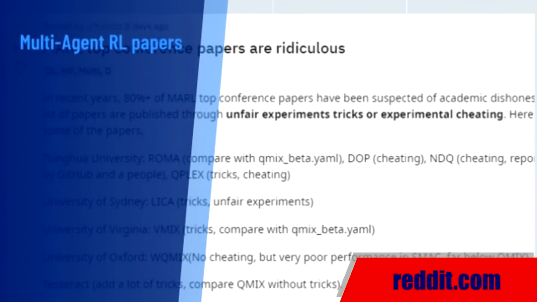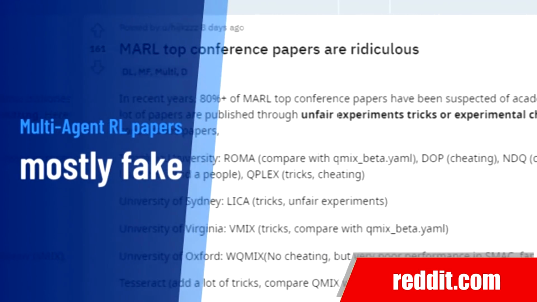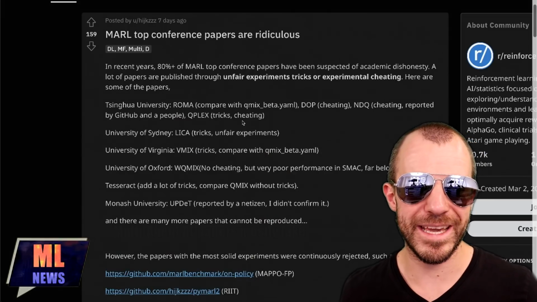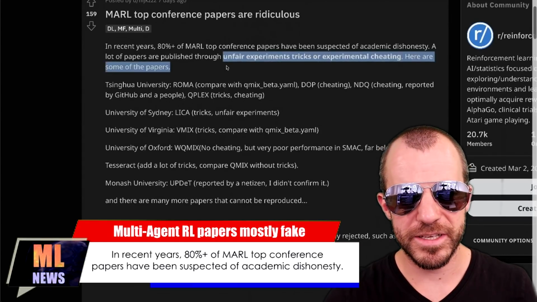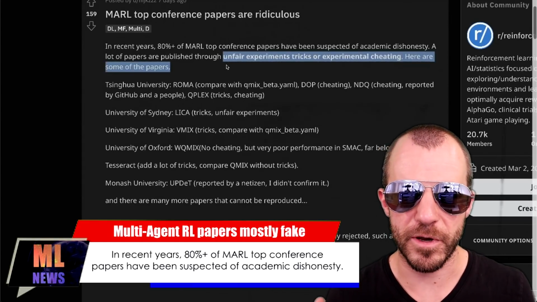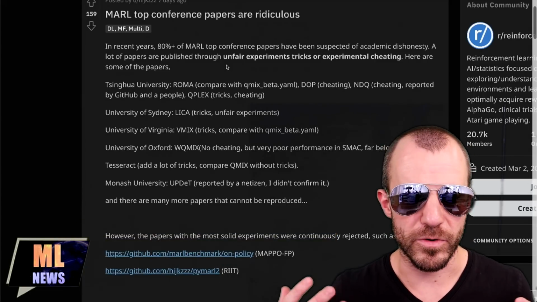Okay, following up a bit on the plagiarism issue, the reinforcement learning subreddit saw a big post saying that multi-agent reinforcement learning top conference papers are ridiculous, essentially alleging that the entire field has a problem with unfair experimental tricks or cheating.